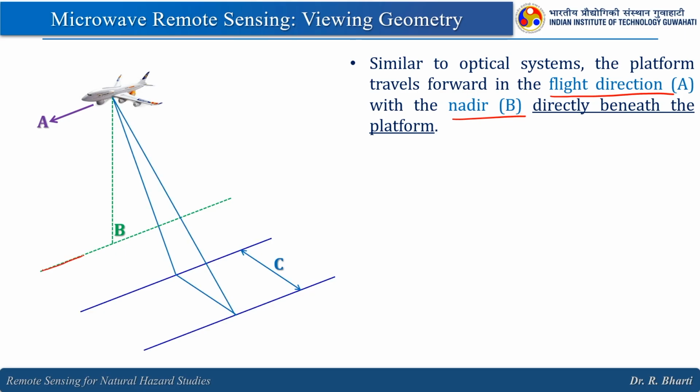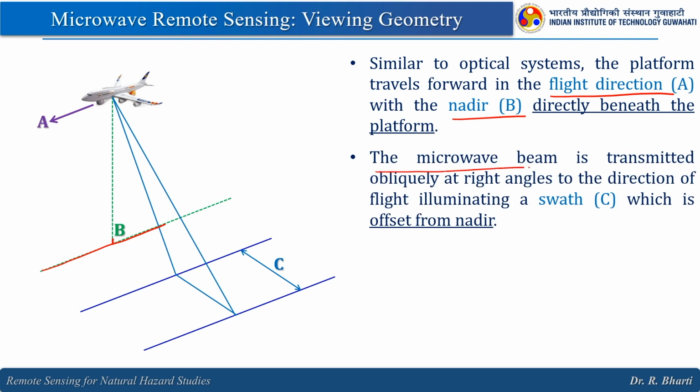This is perpendicular to the ground, right. The microwave beam is transmitted obliquely at right angle to the direction of flight illuminating a swath C, which is offset from nadir.